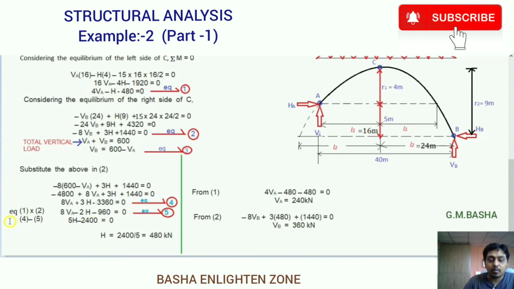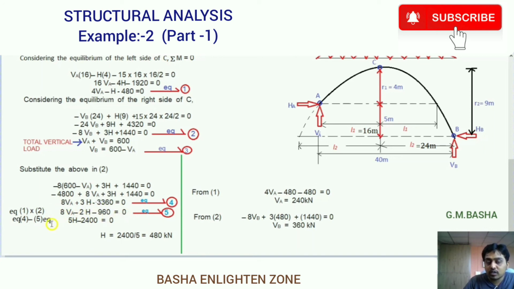After obtaining this equation, subtracting equation 4 with 5: 8VA plus 3H minus 3360 minus 8VA, minus of minus will be plus 2H, minus of minus will be plus 960.